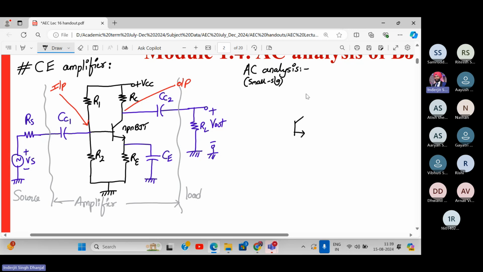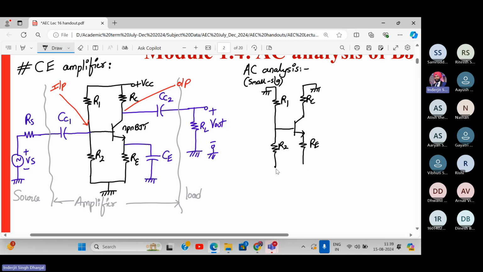So you have this resistor over here. This will go to ground because the power supply is short circuited. Okay. This is also ground. This is RE, RC, R1, R2. All right. And over here this capacitor will be short circuited, behaving as short circuit.